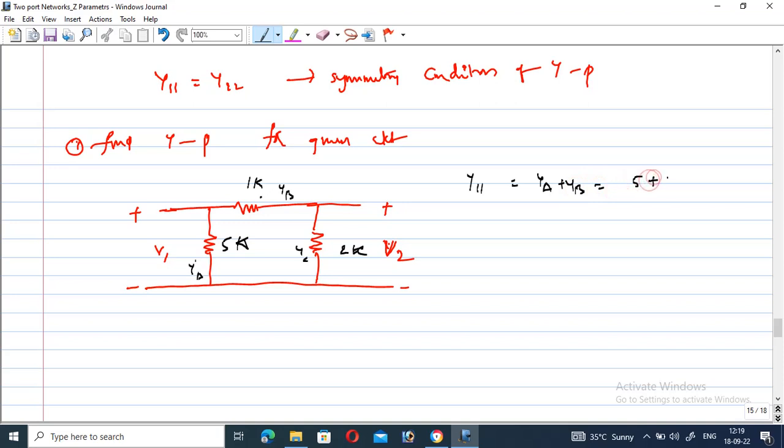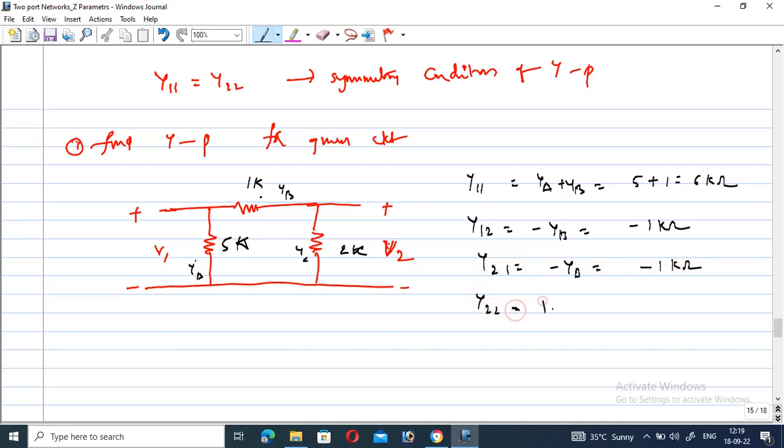YA is 5 and YB is 1, so we get 6 kilo ohms. Y12 is equal to minus YB, that is minus 1 kilo ohm, and Y21 is also minus YB, which is also minus 1 kilo ohm.